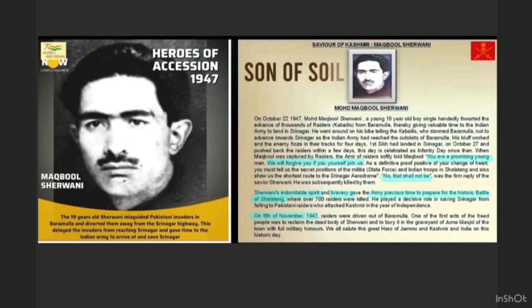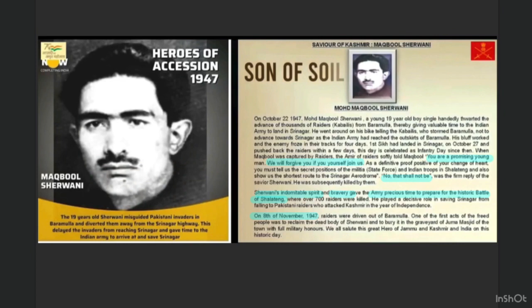Eventually, when Maqbool was captured by the raiders and they found out that Maqbool Sherwani had misguided them and was a traitor, the Amir of the raiders told him that they would forgive him if he joined them. If you join us and tell the secret locations of the Indian Army and their deployments, we will leave you. We will do nothing to you.